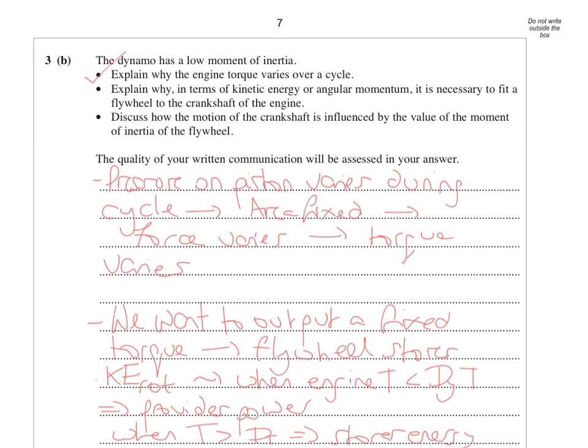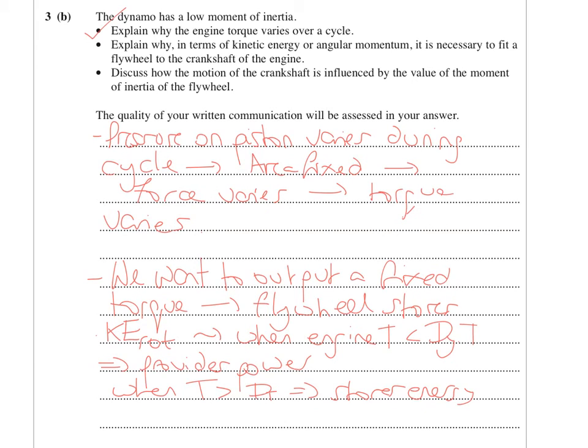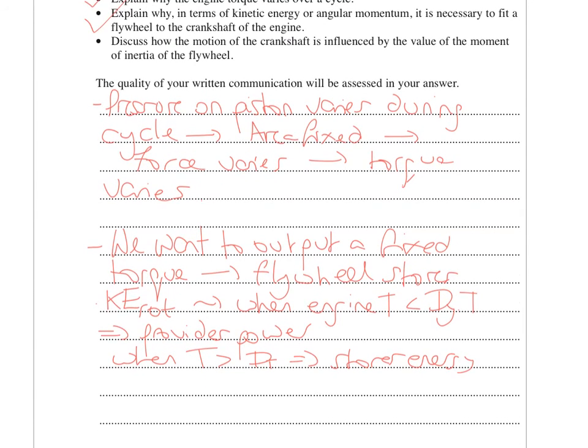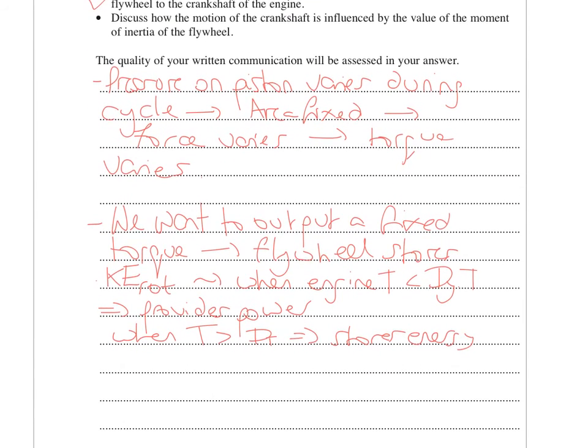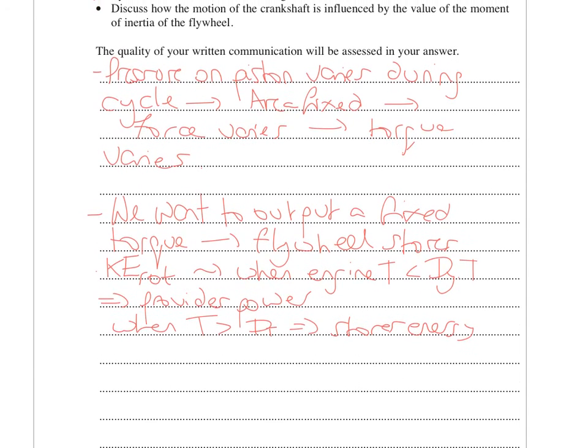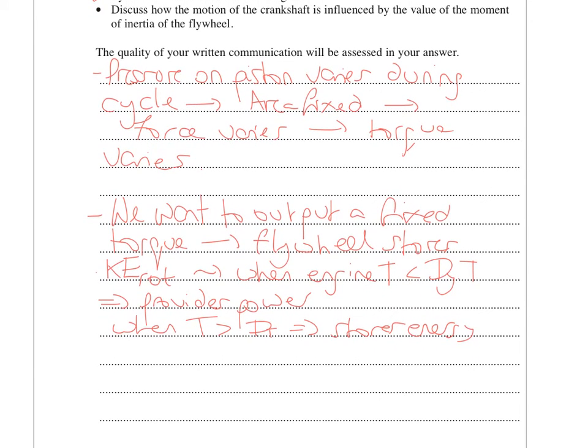So that's essentially the function of the flywheel. So it allows you to get a uniform torque out. So discuss how the motion of the crankshaft is influenced by the value of the moment of inertia of the flywheel.